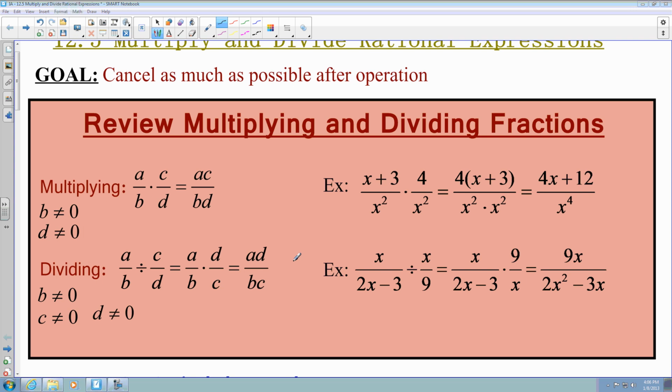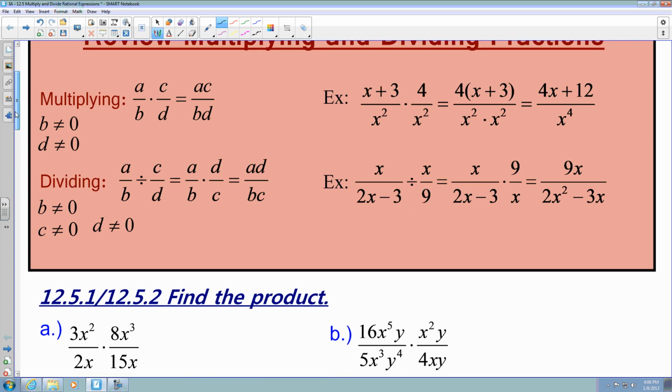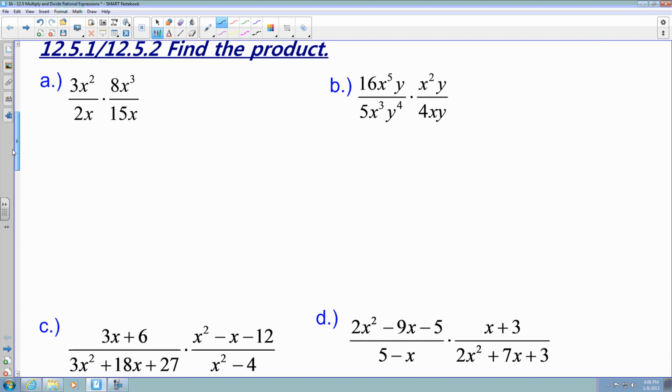And when we're trying to find fractions in lowest terms, our goal today is to cancel as much as possible after the operation. So let's take a look at some examples.